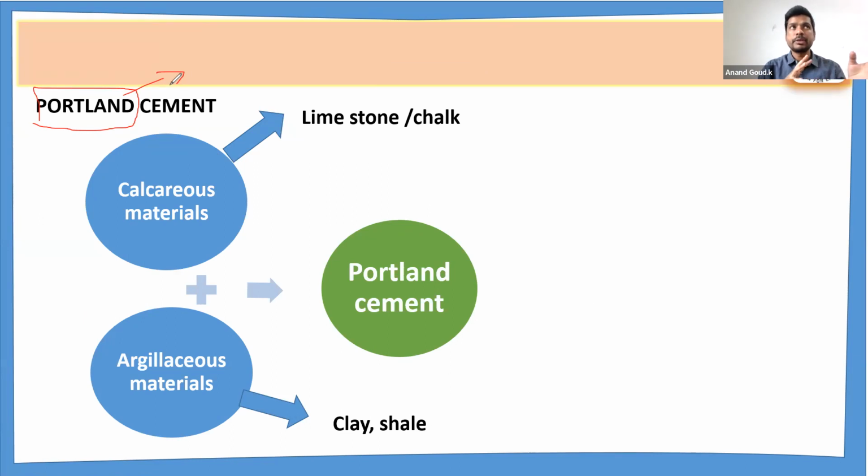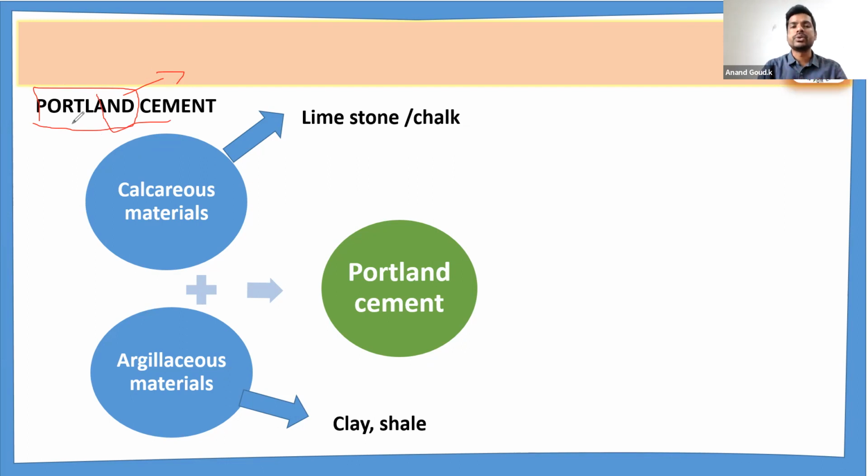That stone has the properties of binding. It has some chemicals within it, and that chemical composition makes the cement powder bind with other materials. Based upon the place, we got this name.